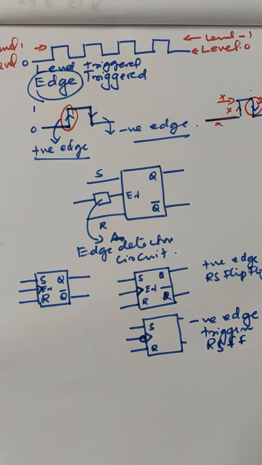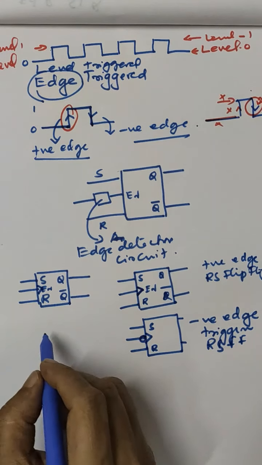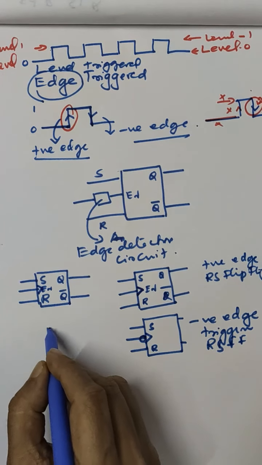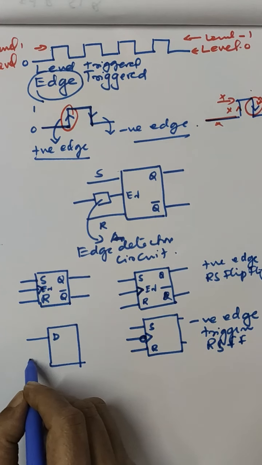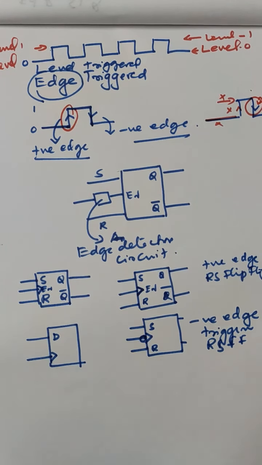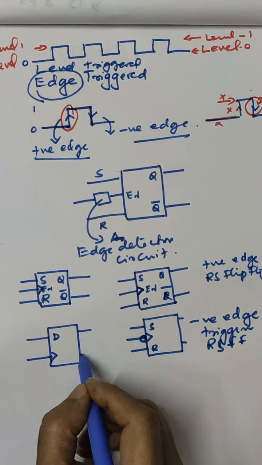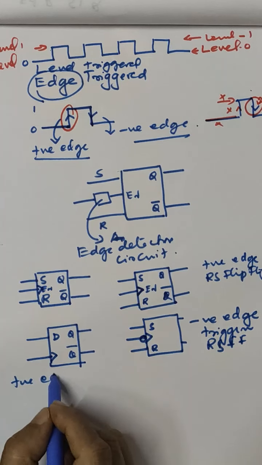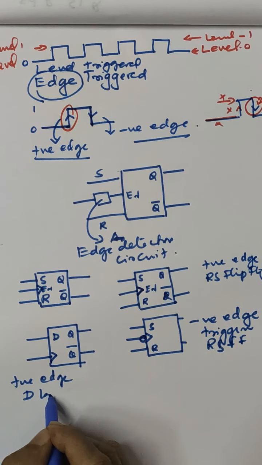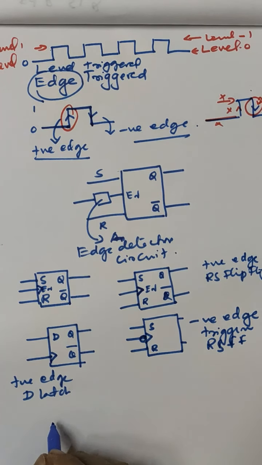The same modification we can do in the case of a D latch also. So this is the D input. This is a positive edge triggered D latch, and this is a negative edge triggered D latch.